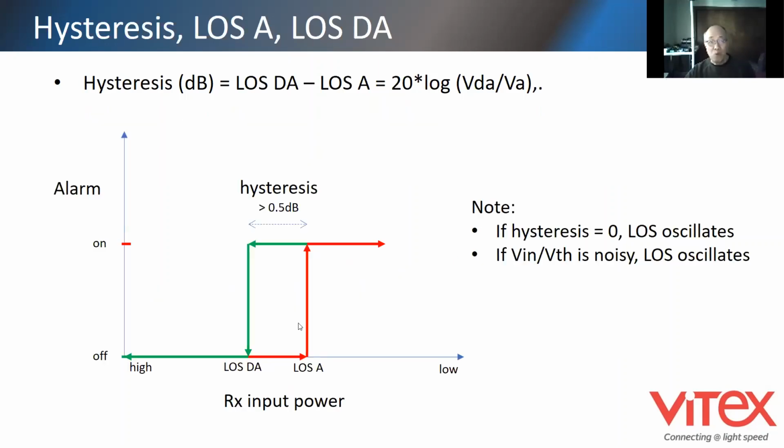So when the hysteresis is too small, you will have LOS oscillation. Okay, so usually I think a good number would be like 2 dB. You know, 1 to 3 is okay, and don't make it too big. If people set it pretty big, like 5, then that defeats the purpose of monitoring, right?